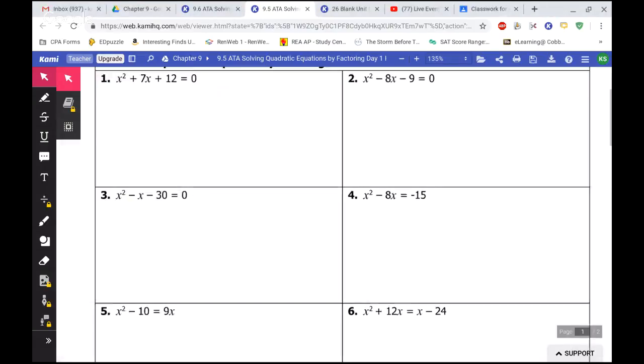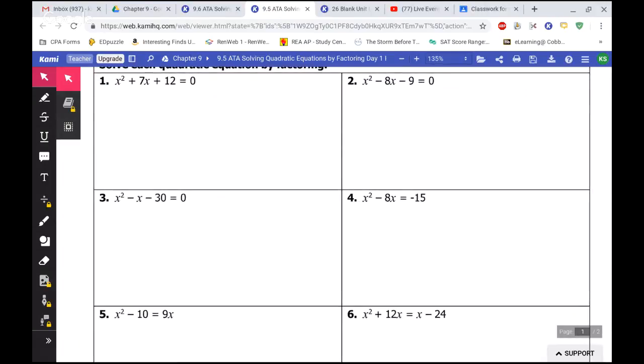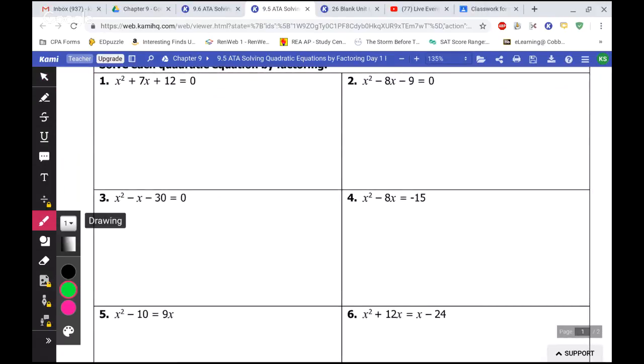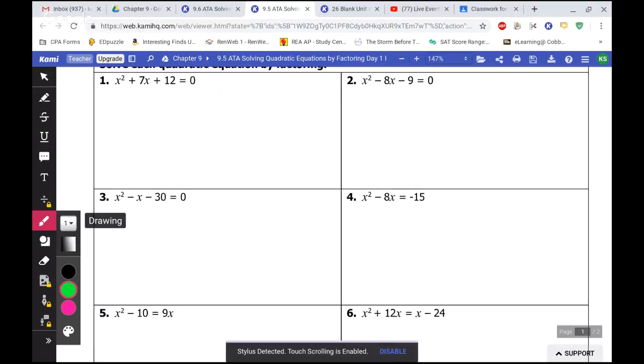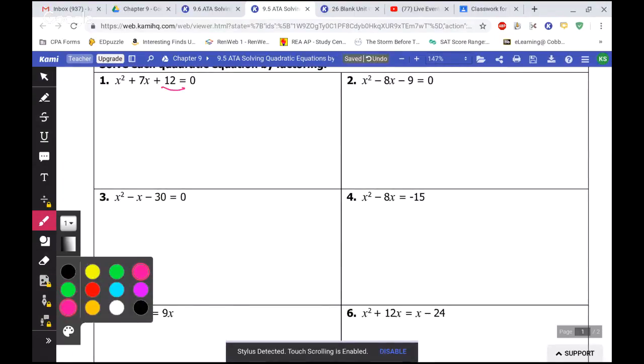All right, so for number one, we're looking for two factors that multiply together to give us 12, that when we add them, give us a positive 7.